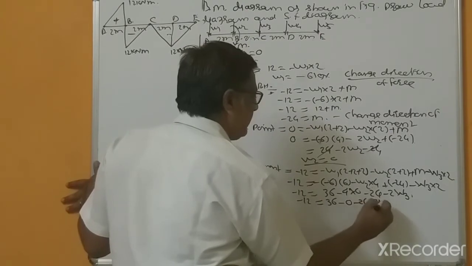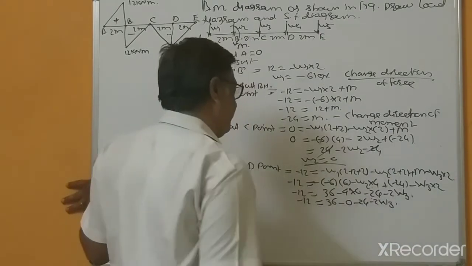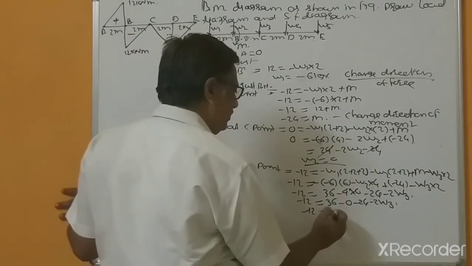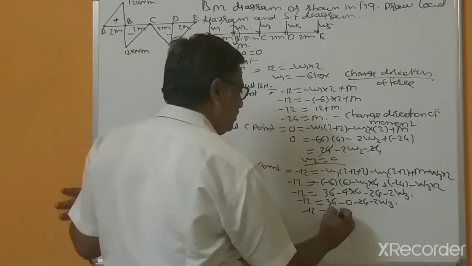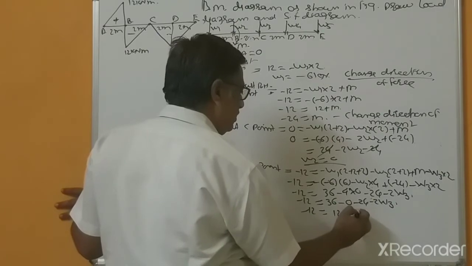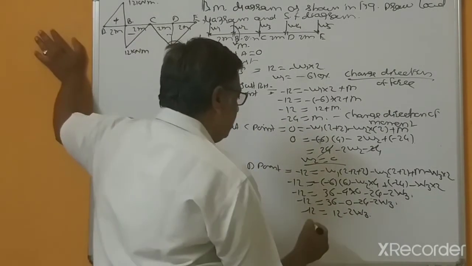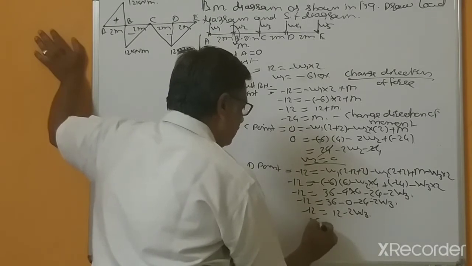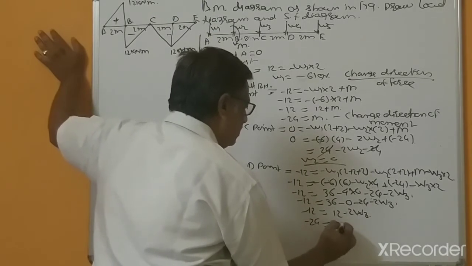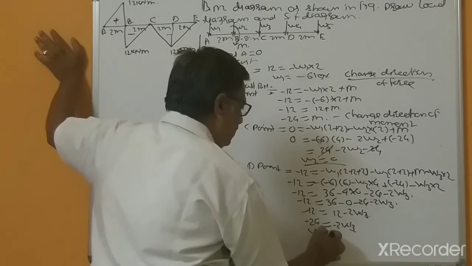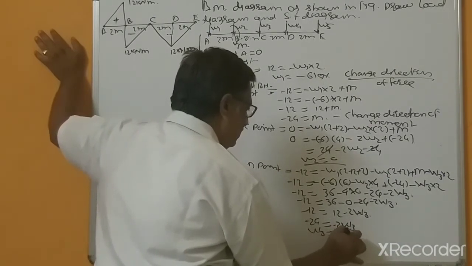And this is minus 12, this is 12 to W3, and it's minus 24, so W3 equal to 12 kilonewton.